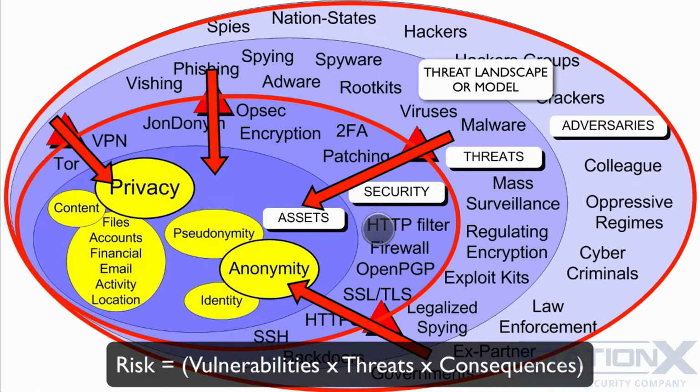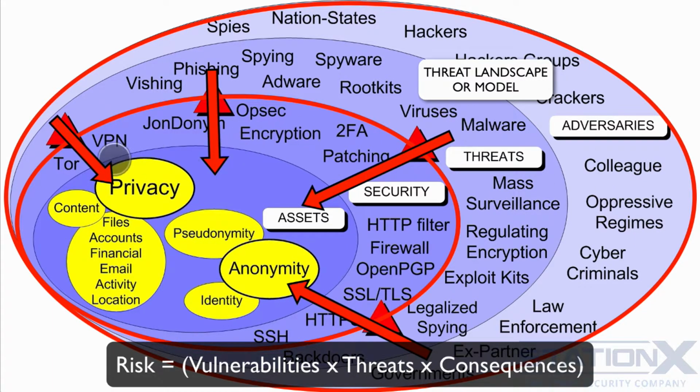Your security controls should be selected based on their ability to mitigate your perceived threats and adversaries, and the consequences of that realization. For example, you might select Tor as a security control to help mitigate against mass surveillance, the threat of mass surveillance from an oppressive regime.